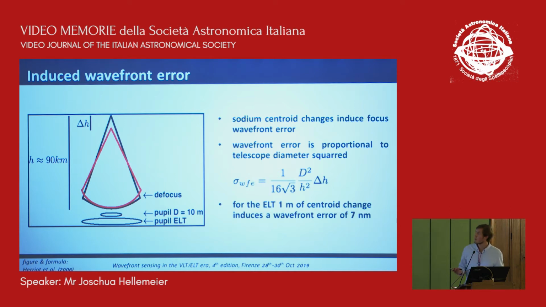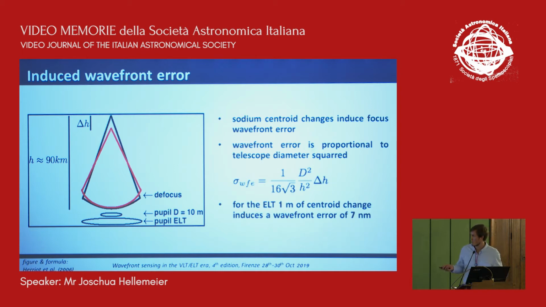Changes in the sodium centroid will induce a focus wavefront error, which can be calculated by this formula. The wavefront error depends on the square of the telescope diameter divided by the altitude of the centroid, times the offset.